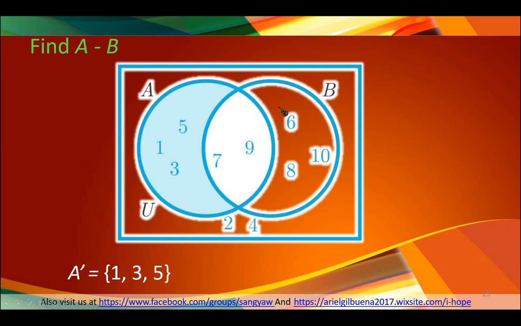So, 6, 8, 10, anong katapat niya? 1, 3, 5. So, yun ang ilalagay natin. Kung nakalagay naman dito ay B minus A, so, babalik na rin natin. Ang magiging sagot ko dyan, ano yung katapat ng 1, 3, and 5? 6, 8, 10. So, dapat yan, B complement is equal to 6, 8, 10.